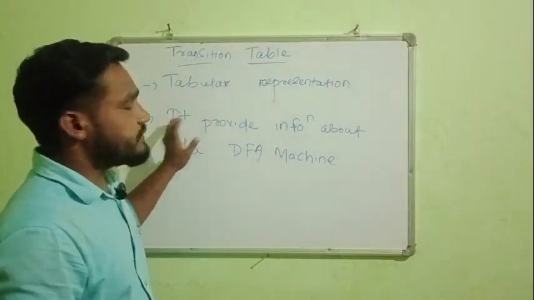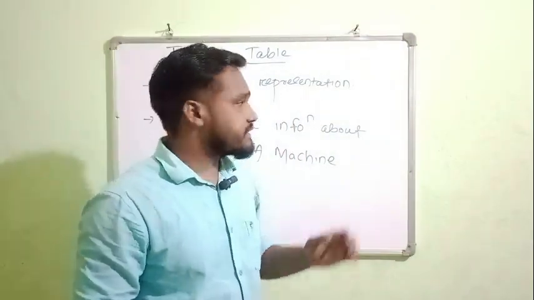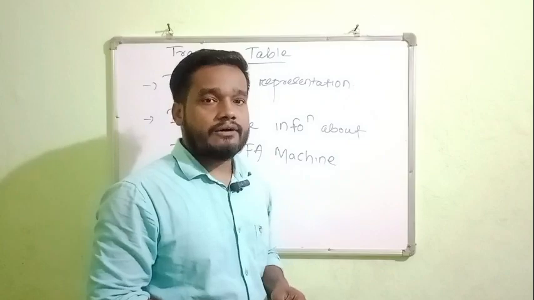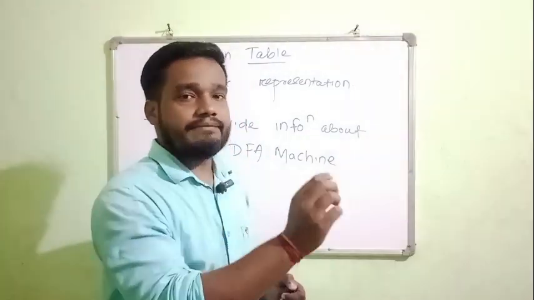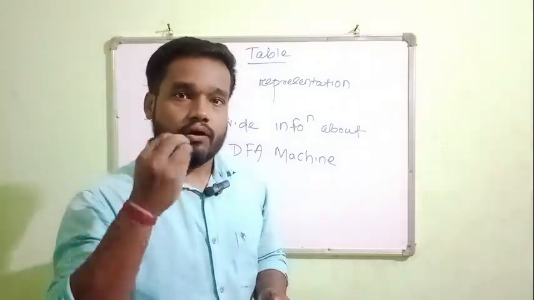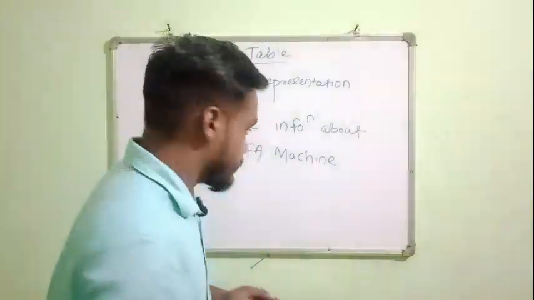So here we got 2 points about the DFA. Next we will learn how to convert or create a DFA machine to a transition table and a transition table to a DFA machine. So have a look.